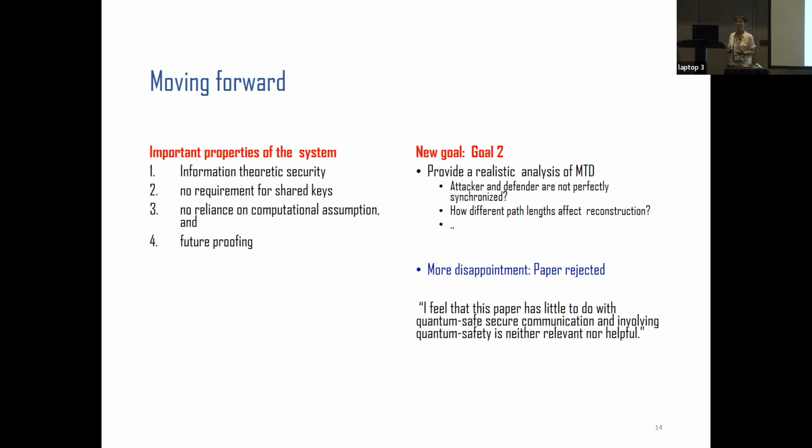And I think the most disappointing statement in the review was that this paper has little to do with quantum-safe security, I guess because it did not have computational assumptions, so they thought it was not quantum-safe. I think that was the end of it. The amount of implementation detail the program committee required was just another 3 years of work.